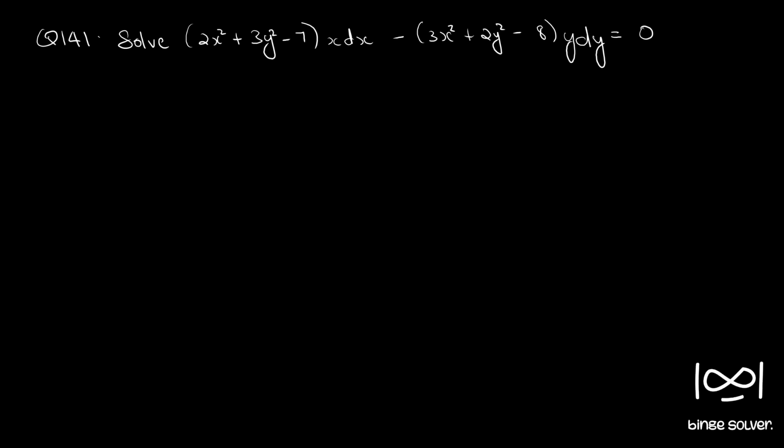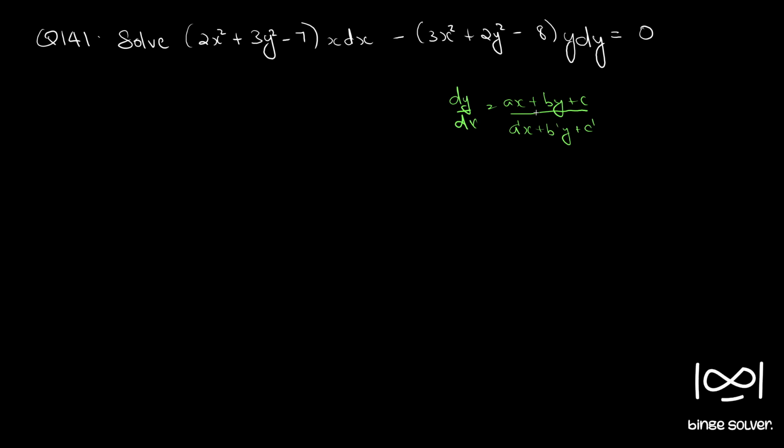The reason being, the questions that we discussed till now were of the form dy/dx = (ax + by + c)/(a'x + b'y + c'). We discussed the steps needed for questions of this form to reduce them to homogeneous equations and solve from there.